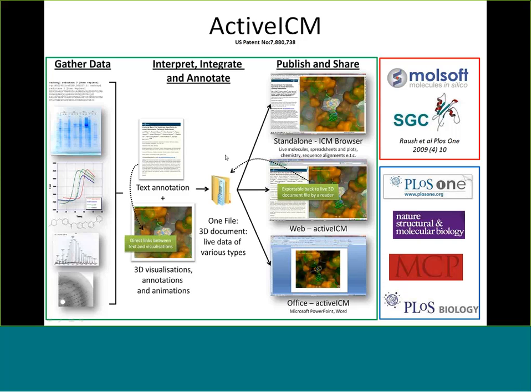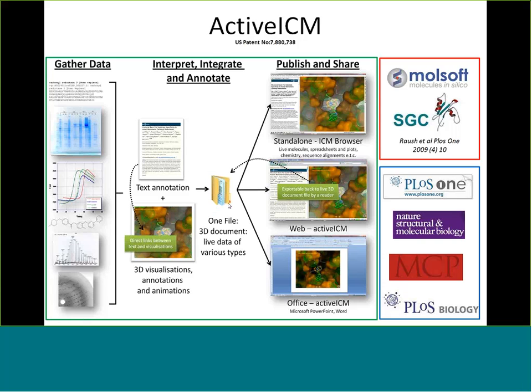So basically, you can save sequence data, images, plots, chemical information, chemical spreadsheets along with text annotation and also 3D visualization, as we've seen with the slides. And you can save all of this into one multi-platform single file called an ICB file.